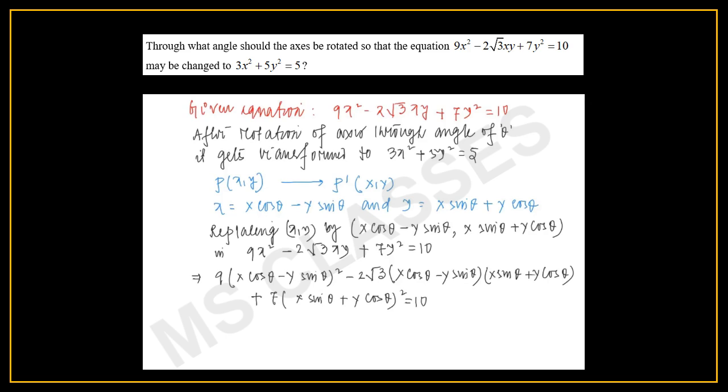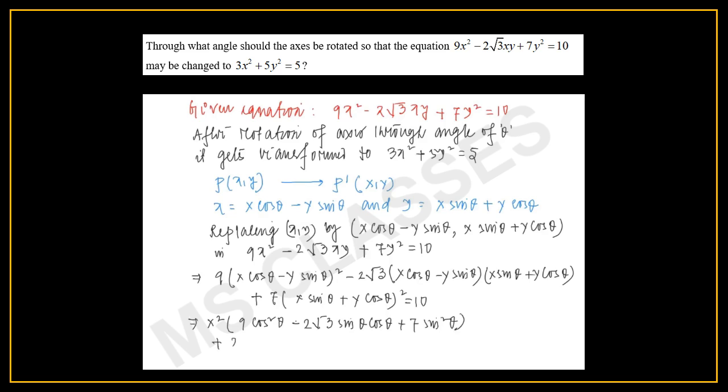Now if we simplify this, we take capital X square common, so we get 9 cos square theta minus 2 root 3 sin theta cos theta plus 7 sin square theta.